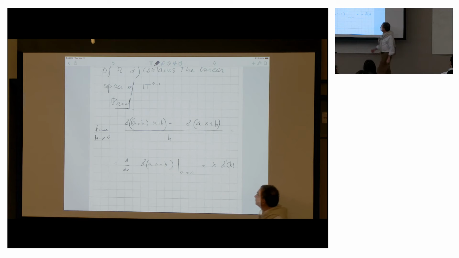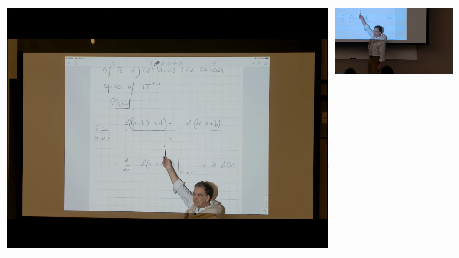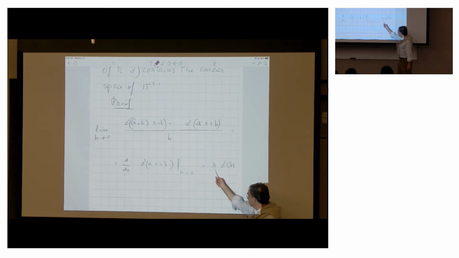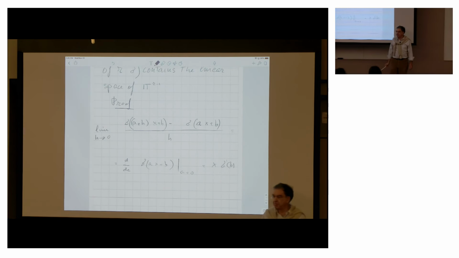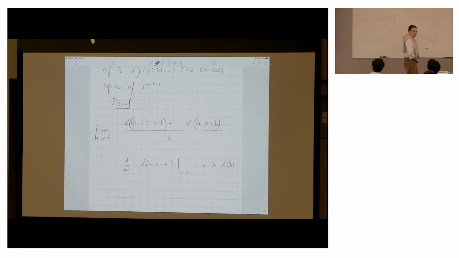So by a linear combination and the limit of this, I can get the first term of a polynomial, x. This is with 2 units.